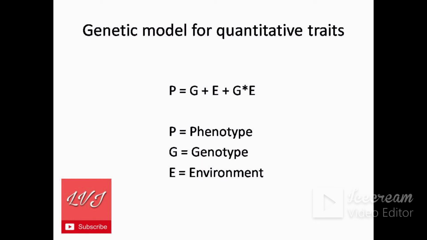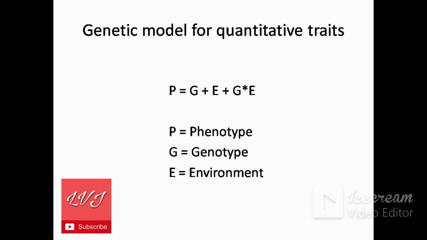Now come to our basic topic, genotype environment interaction. Before discussing this interaction, we see the genetic model for quantitative traits. This is the genetic model for any quantitative trait. Here phenotype equals genotype plus environment plus genotype environment interaction.